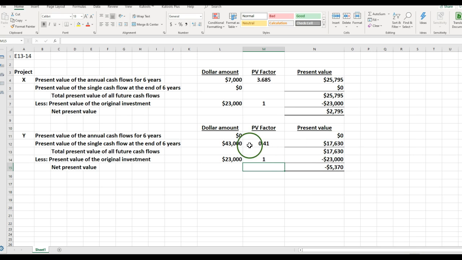So the present value of $43,000 6 years in the future at 16% is worth only $17,630 today. So that's the net present value. When we subtract 23,000 from the 17,630, negative 5,370 is the net present value of project Y. So 2,795 on this one.